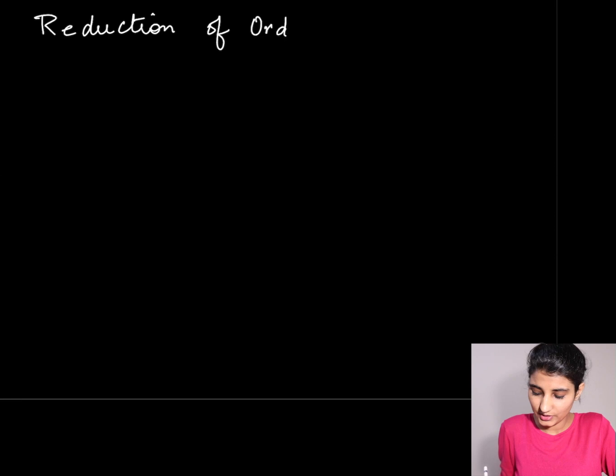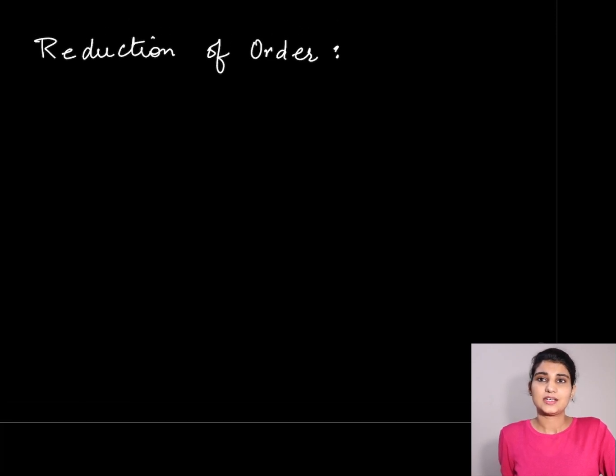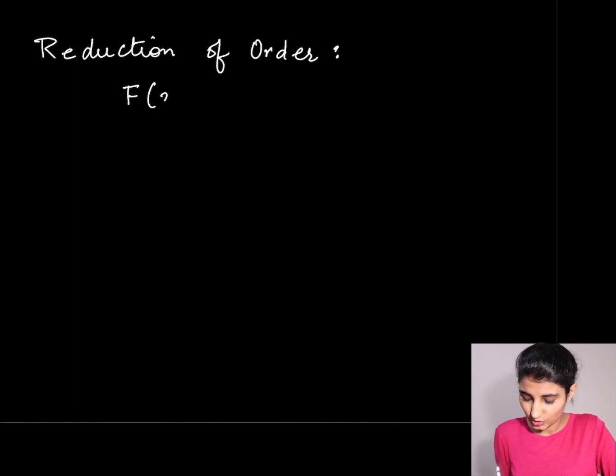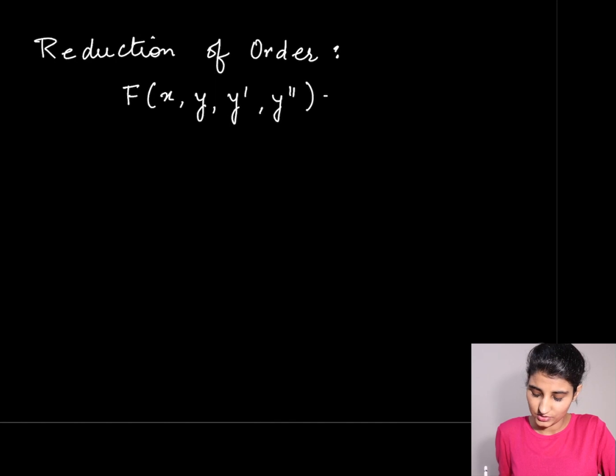There are some particular cases in which we can simply find the general solution, no matter whether our equation is linear or non-linear, or whether the coefficients are constant or not. If we have a second order equation, it will be some function of x, y, y prime and y double prime equal to 0.